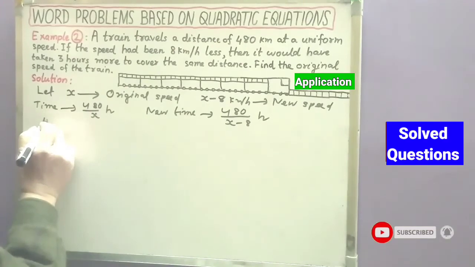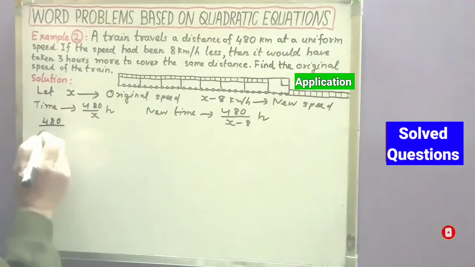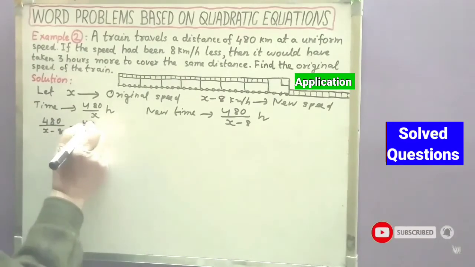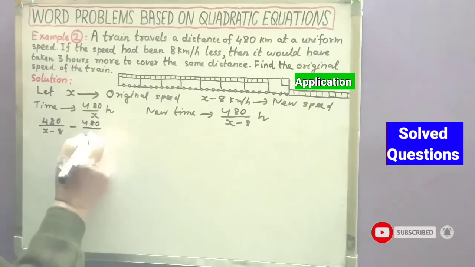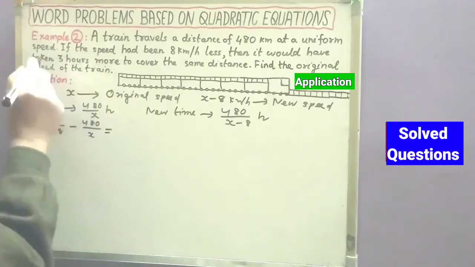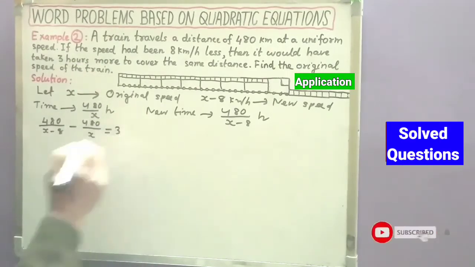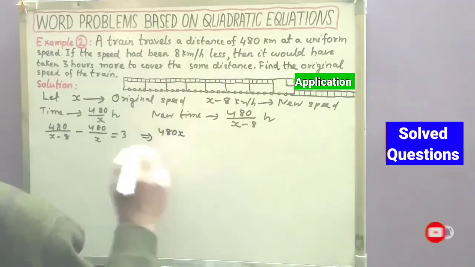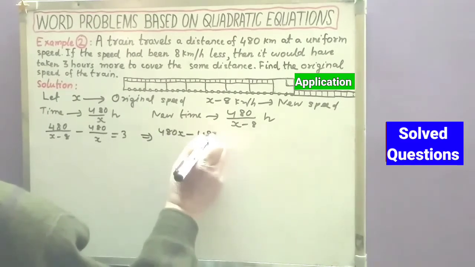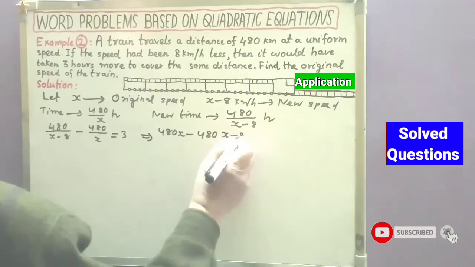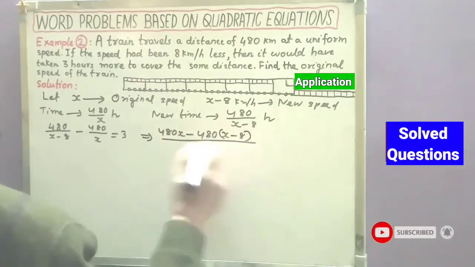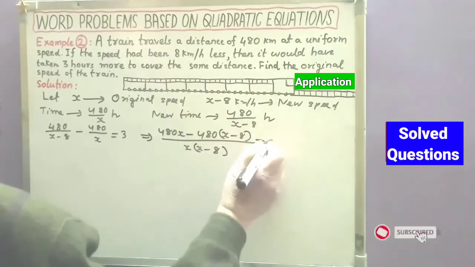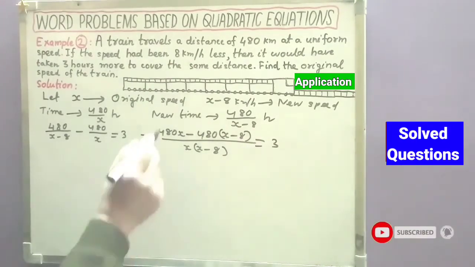Since the train has taken 3 hours more to travel the same distance, we have 480 upon x minus 8 minus 480 upon x equal to 3. That implies (480x minus 480 into (x minus 8)) upon x into (x minus 8) equal to 3.